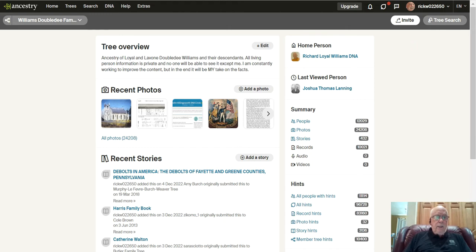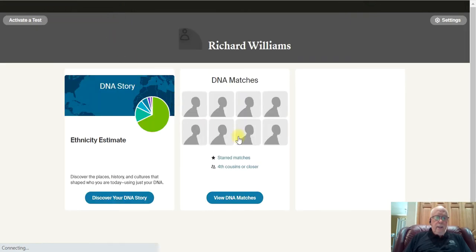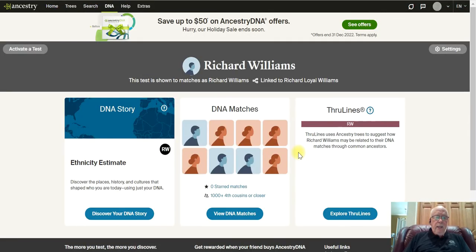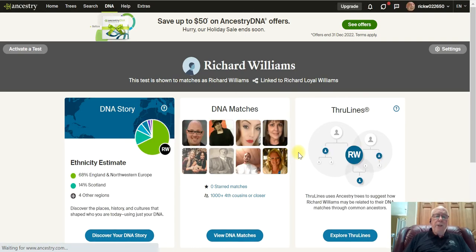Let's go and take a look at the DNA that I've been talking about. The DNA that I submitted to Ancestry, and I've submitted to other sites as well, helps me match the people who are related to me through DNA to my family tree. So as you can see, here's my current ethnicity estimate right here.